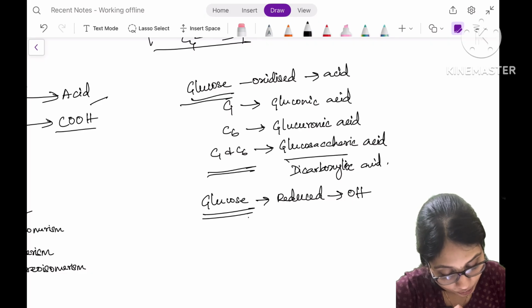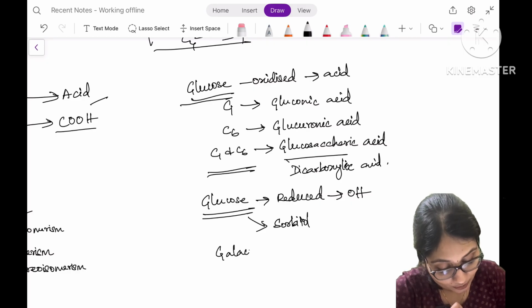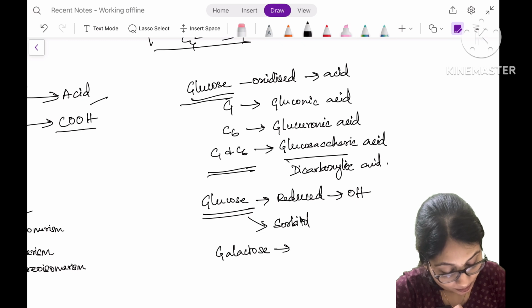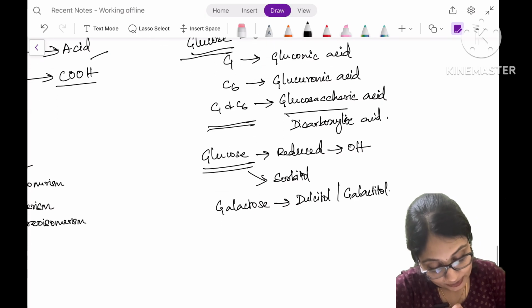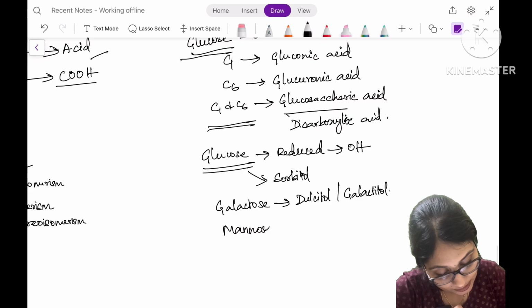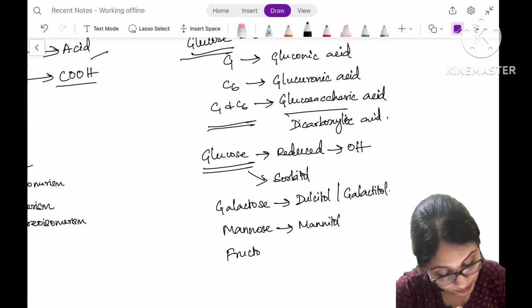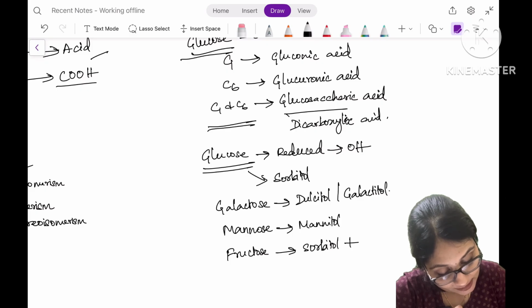Glucose on reduction forms sorbitol. Galactose on reduction forms dulcitol or galactitol. Mannose gets reduced to form mannitol. Fructose gets reduced to form both sorbitol plus mannitol.